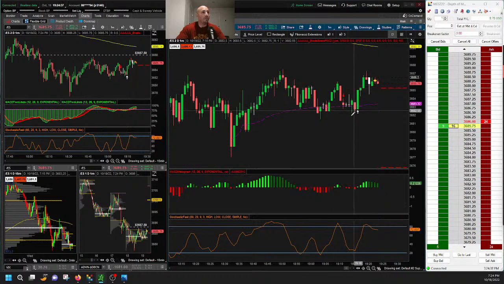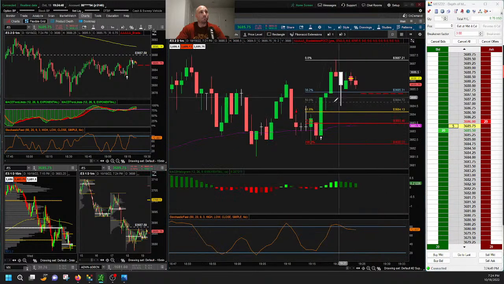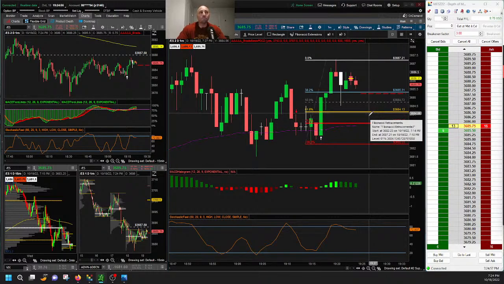If I want to find a trade, draw a Fibonacci right here. If I want to look for a quick little scalp, what lines up? I like this, probably the 75%. If we pull back, maybe I'll take a quick scalp for a point. So that's what I think about the market.